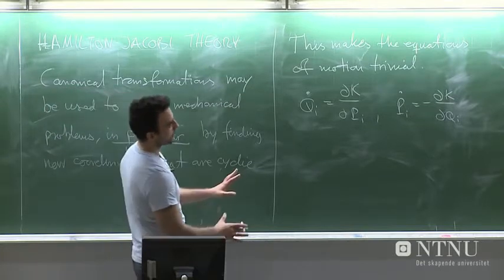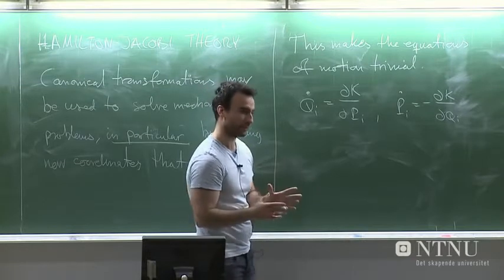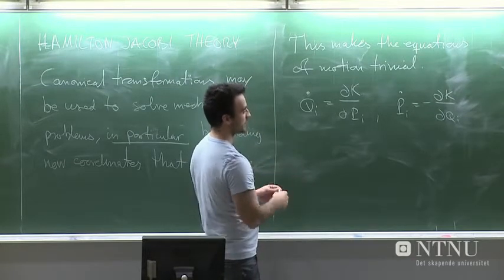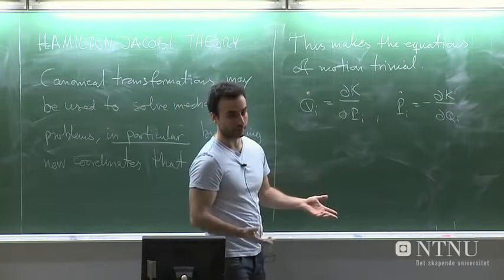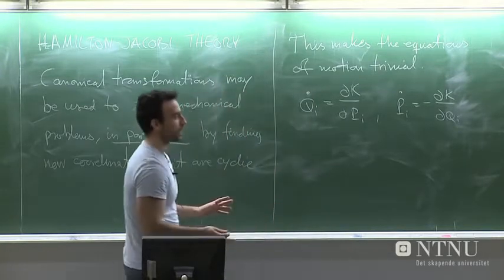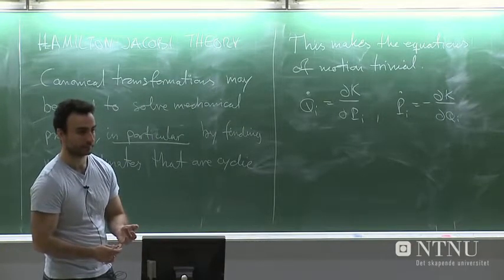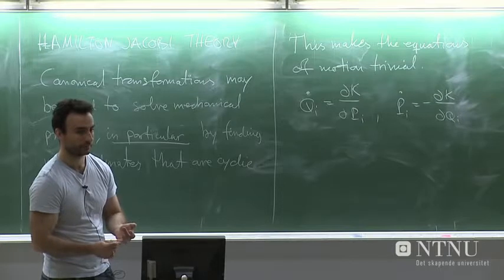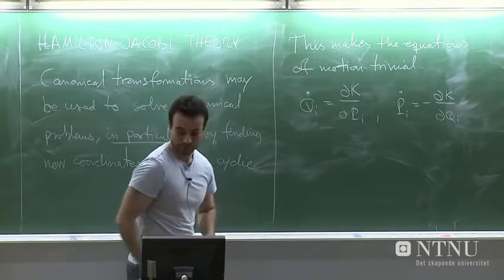So the general aim here is to obtain equations of motion which are as simple as possible. Now the simplest possible case is arguably having q dot equals 0, p dot equals 0. They're just constants. Is there any way we can guarantee that this is the case for the new Hamiltonian? Let me give you a hint.